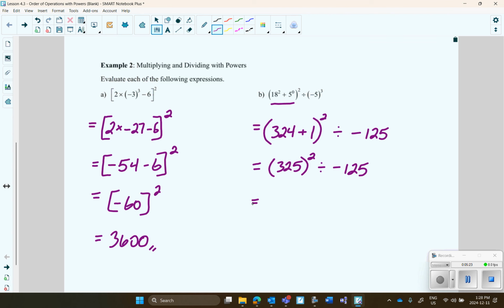So what's that going to be? Over 90,000 something? I don't know. 105,625. And I still have to divide that by negative 125. And that should give us a clean answer, I guess. 845.